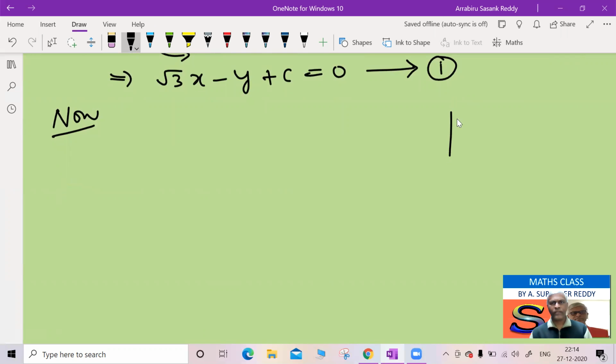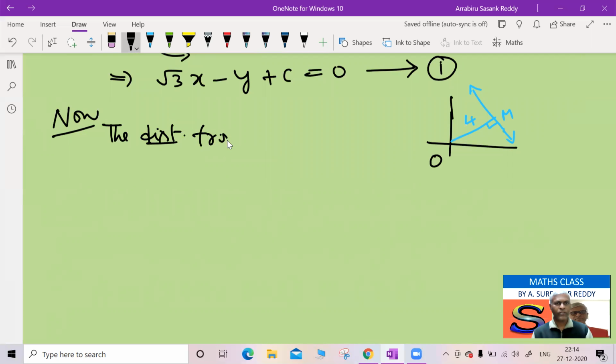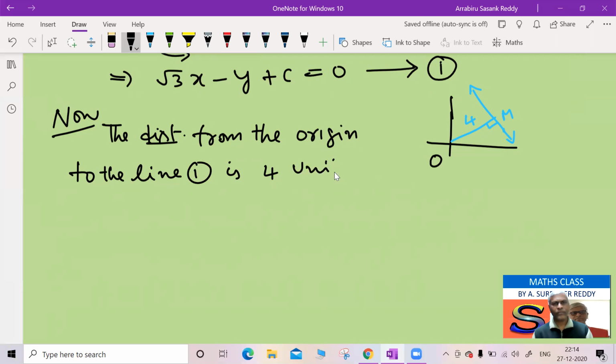Suppose the distance from the origin to the line is given. The distance from the origin to line 1 is 4 units. It is given.